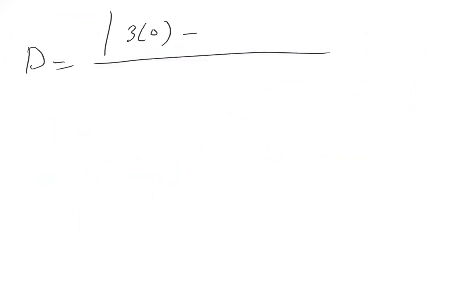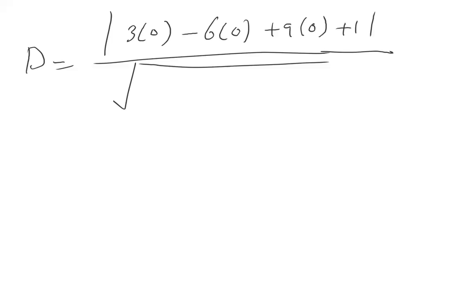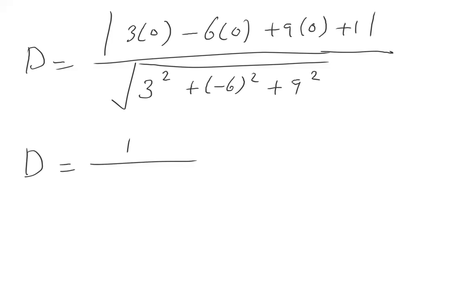D equals the absolute value of 3 times 0 minus 6 times 0 plus 9 times 0 plus 1, over the square root of 3 squared plus (minus 6) squared plus 9 squared. So let's see, on the top I have 1, on the denominator I have square root of 126.